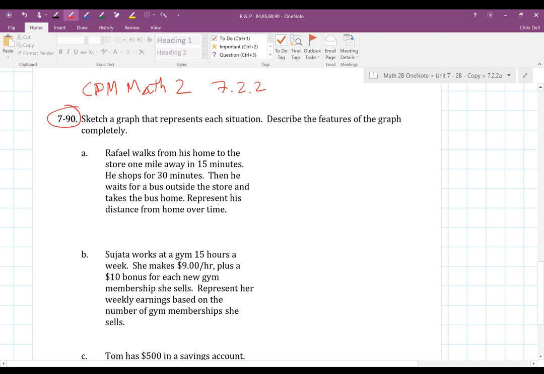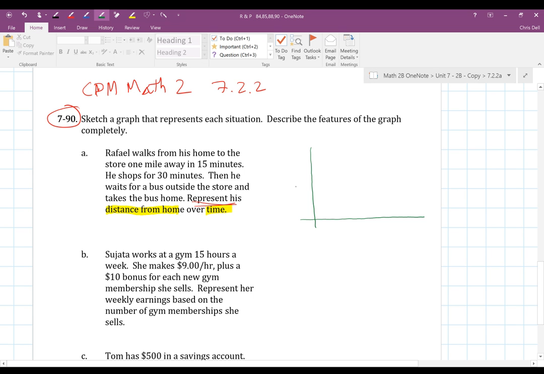So here it tells me what my axes are going to be: distance from home over time. My representation of this graph is going to be all positive, so I just need the first quadrant, right? Because time is never negative, and distance from home is not negative.